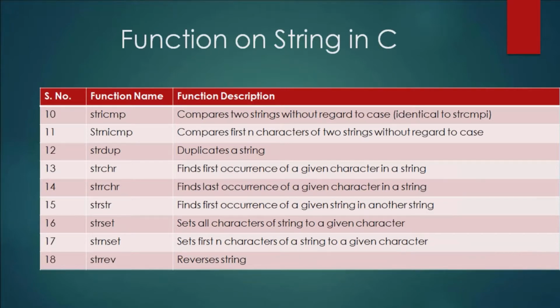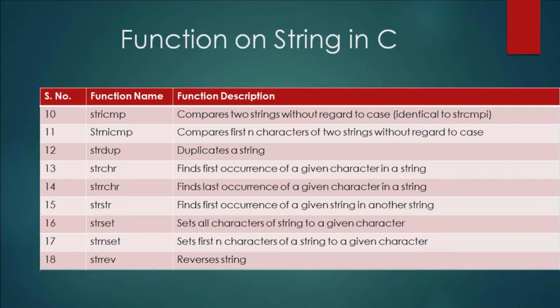Then we got strnicmp, which compares the first n characters of two strings without bothering about case. Then strdup, which duplicates the string. strchr finds the first occurrence of a given character in a string.